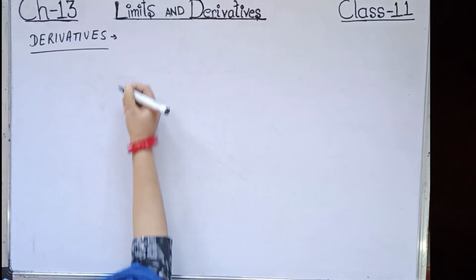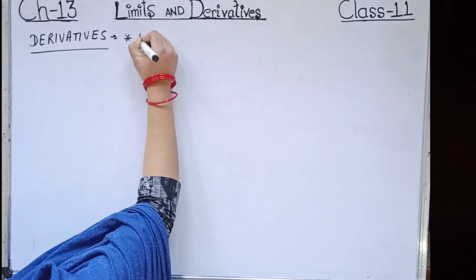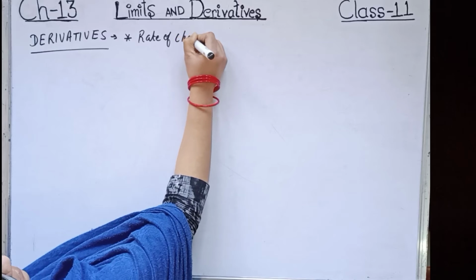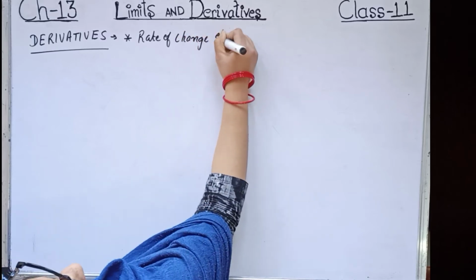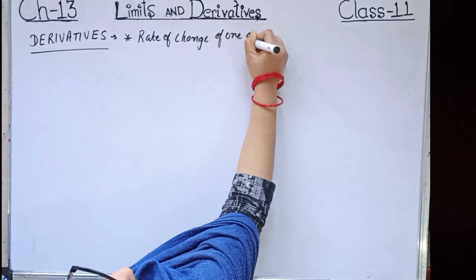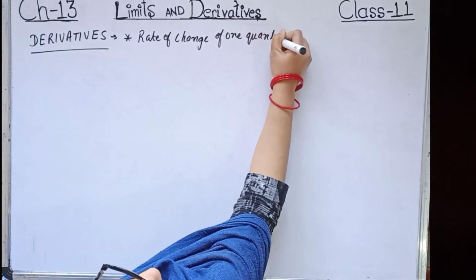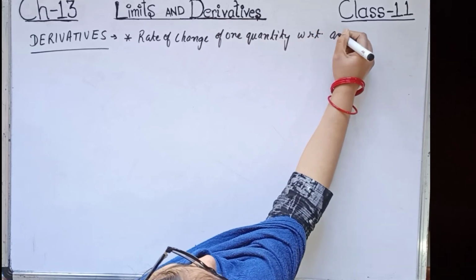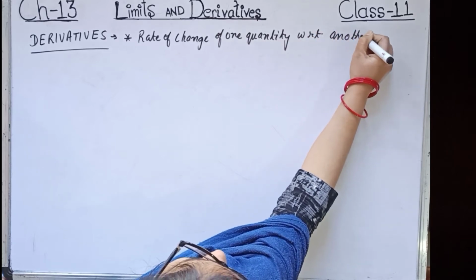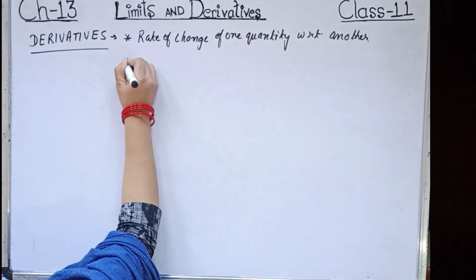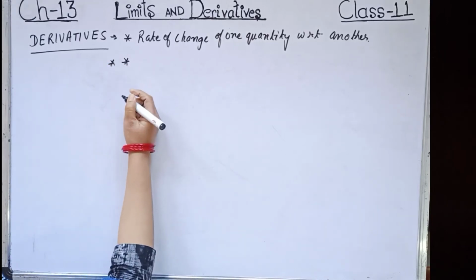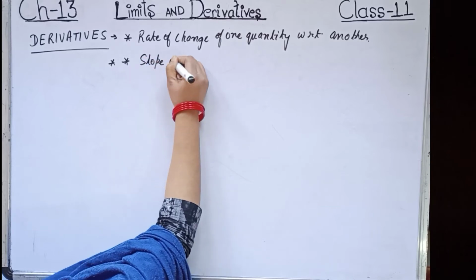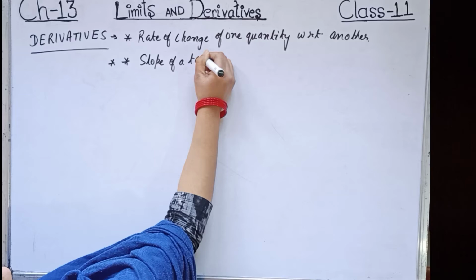One definition we can say is that derivative is the rate of change of one quantity with respect to another. And the second definition, or the second meaning, we can say is that derivative is the slope of a tangent. Slope of a tangent.